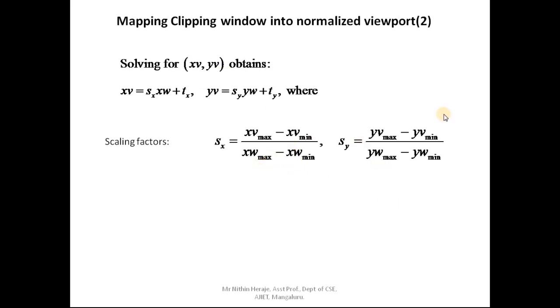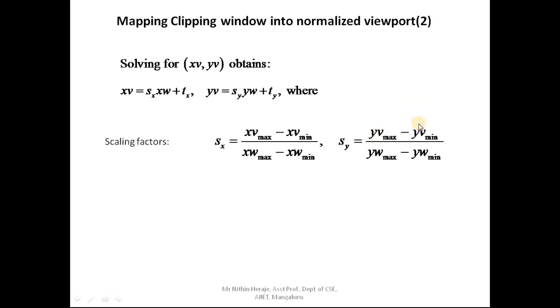If you look at this, you will get the window size with respect to horizontal, that is the x-axis in the viewport, divided by the window length in the x-axis in the world window coordinate. Similarly, sy equals yv max minus yv min.